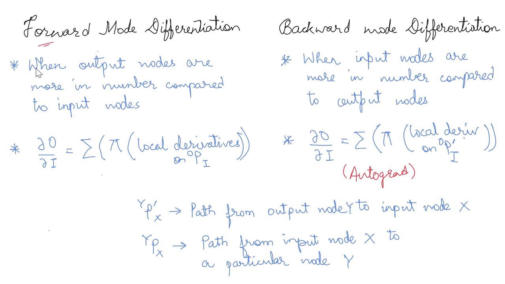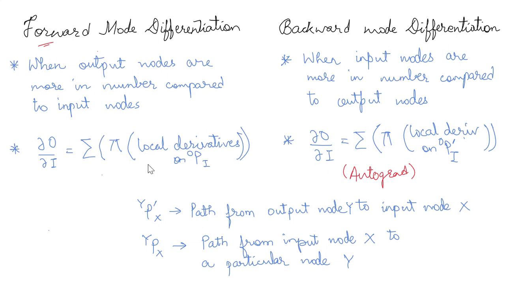Forward mode is used when the number of output nodes is much larger than the number of input nodes. Backward mode differentiation is the more common method, used generally by most of the frameworks, where the input nodes are much larger than the output nodes.